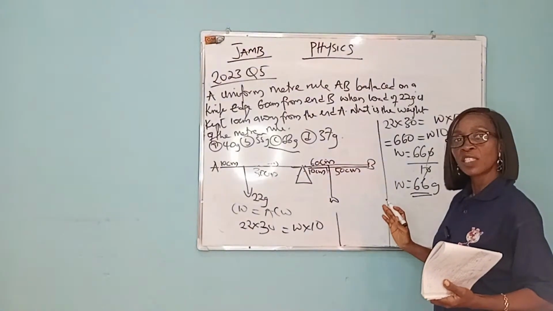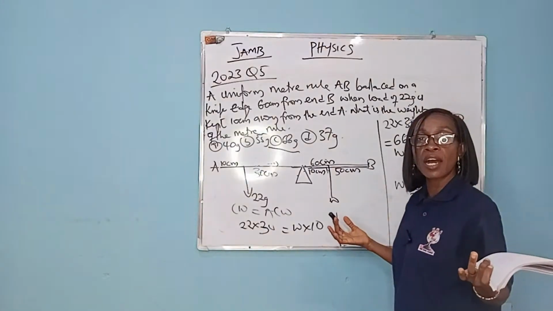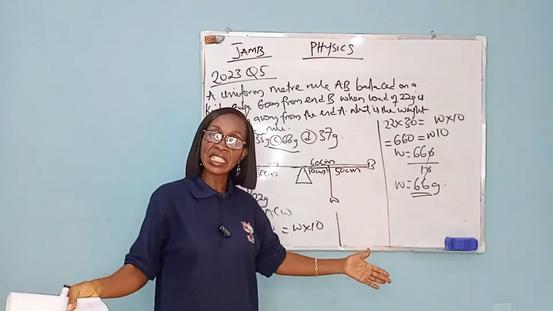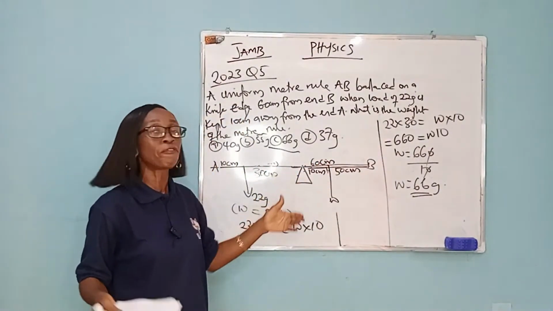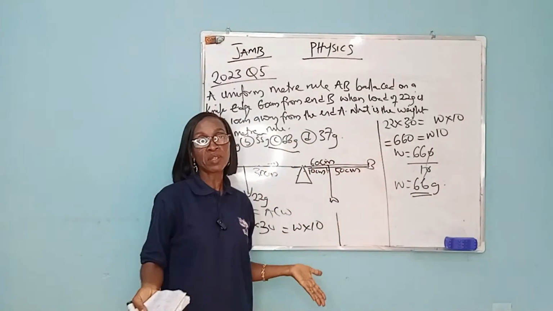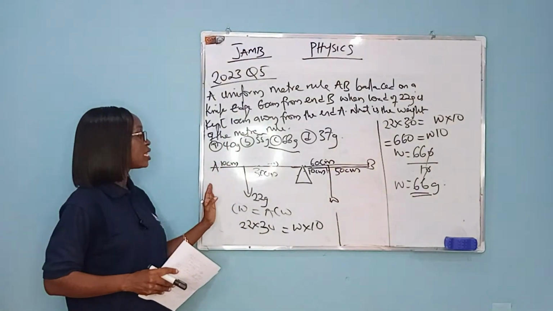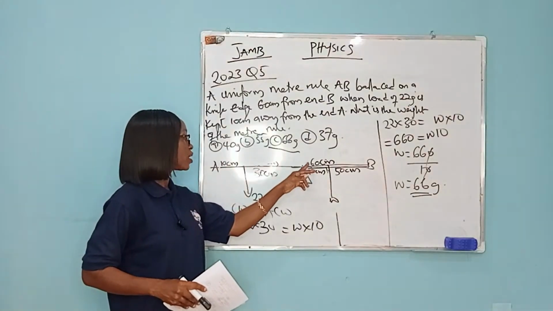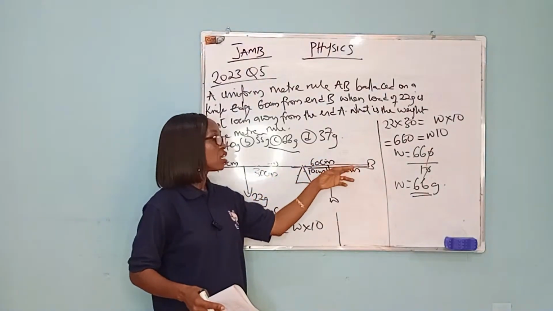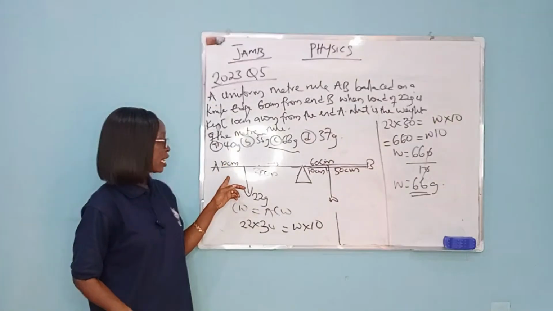If I have a 100 cm meter rule, the balance point should be at 50, but in this case the balance point is at 60 centimeter, and the load is 10 cm from A. If here is 10 cm, the remaining distance to the knife edge should be 30. 30 plus 10 is 40. 40 plus 60 is 100 cm.